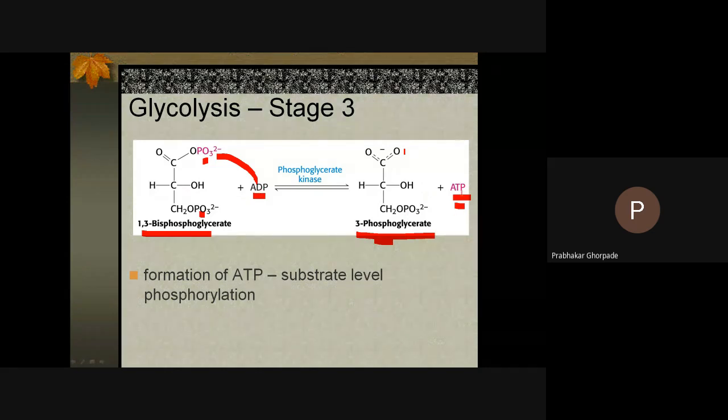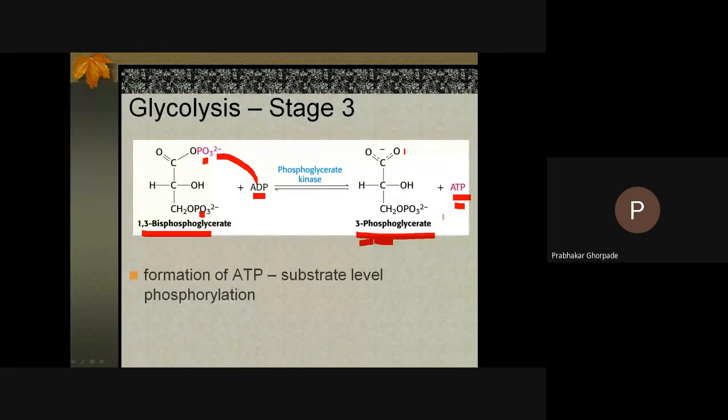So whenever 1,3-bisphosphoglycerate is there in the presence of adenosine diphosphate and phosphoglycerate kinase, it gets converted into 3-phosphoglycerate, and an ATP molecule is also formed in the same process.